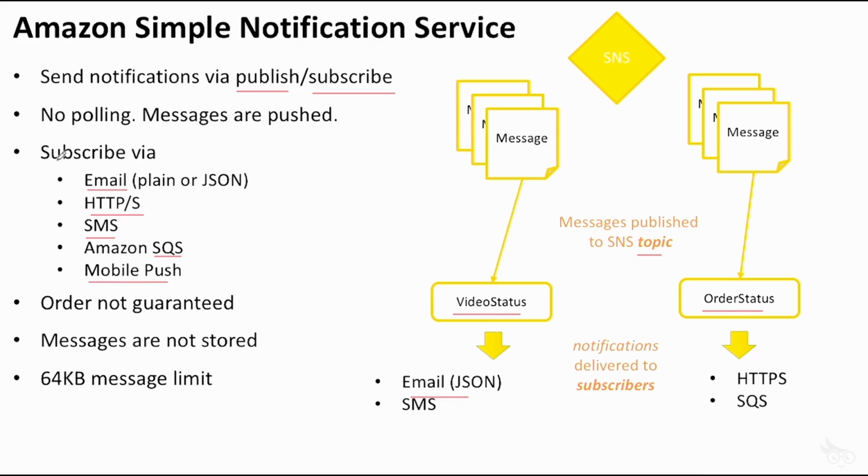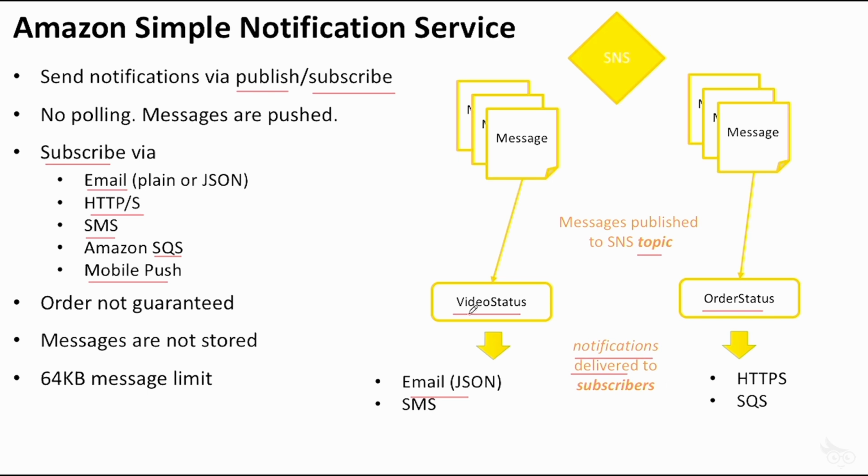These are what we call our subscriptions. We would subscribe to these topics through these various methods. And when messages are published into those topics, those notifications are then delivered to those subscribers via whatever methods they had subscribed to.